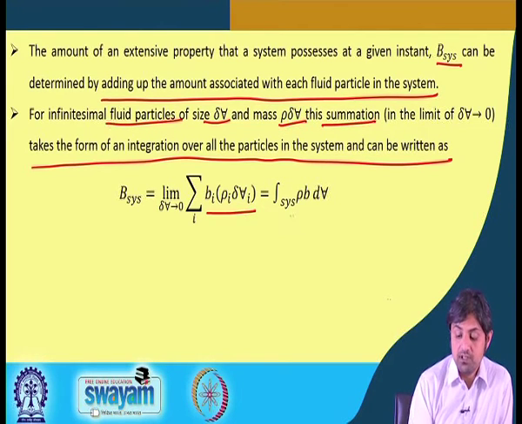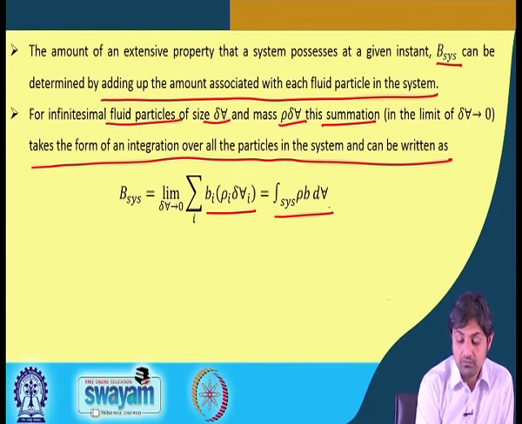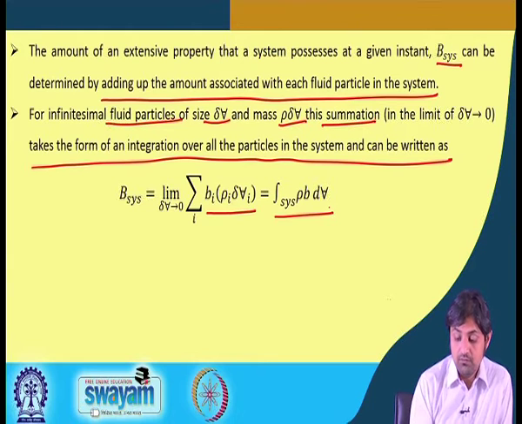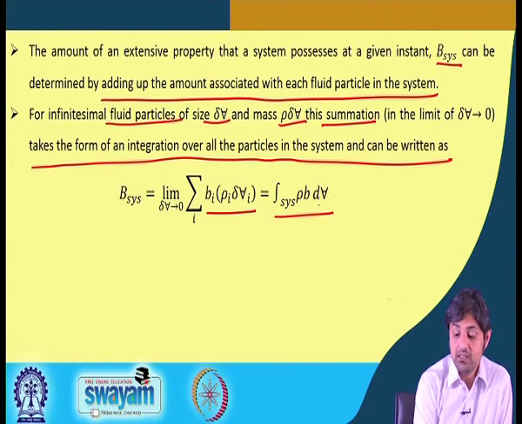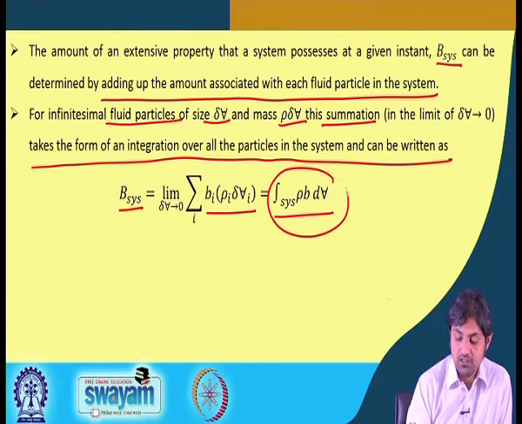So, this can be written as the integral of rho b dV, because capital B was m into small b. Mass is rho into dV, multiplied by b. This is B system, this is the integration.